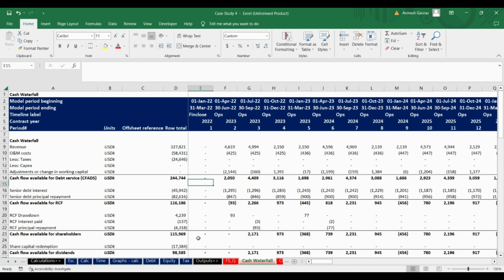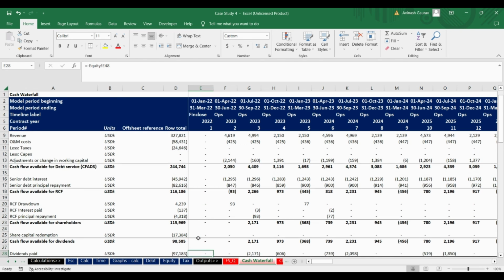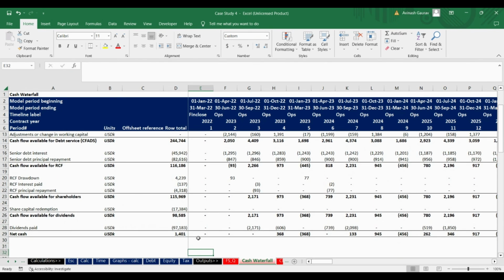If it is not matching, then you are doing something wrong. So always introduce a check here, to see whether the cash generated through the waterfall matches with your cash flow statement. Guys, please always remember these small things.